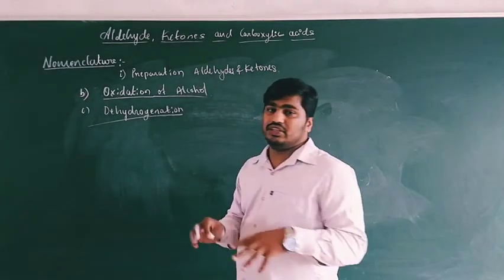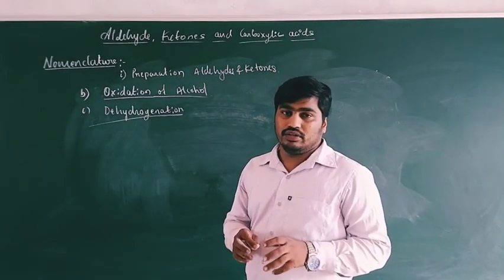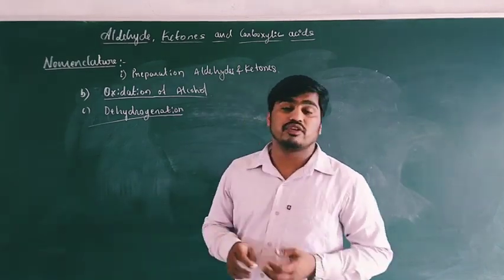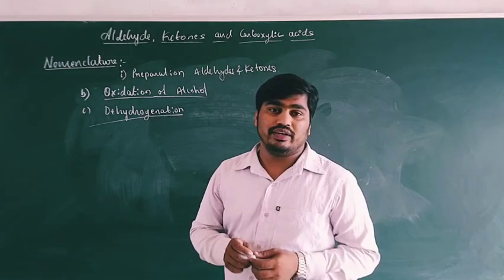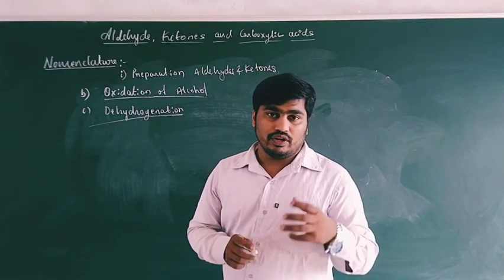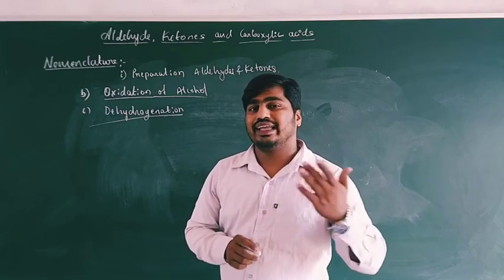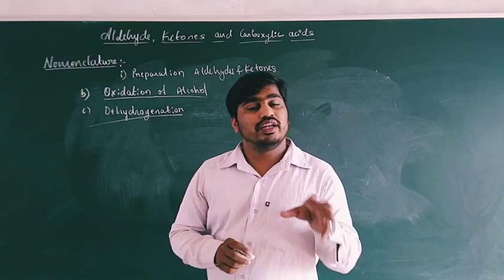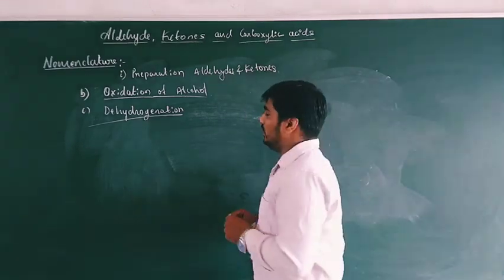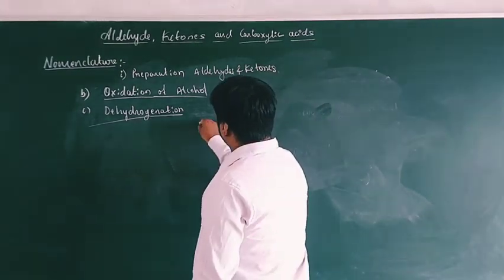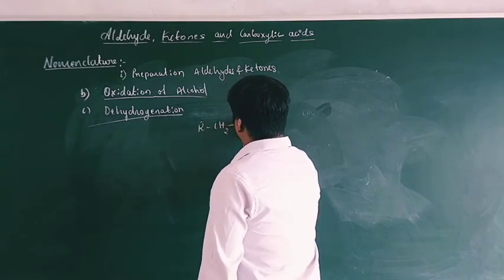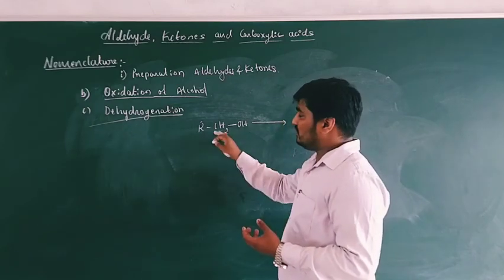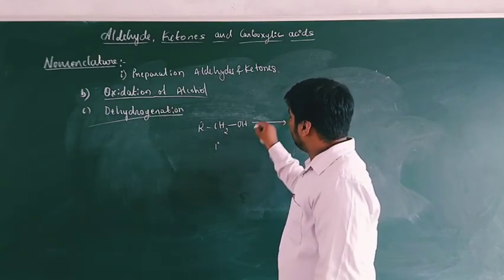The dehydrogenation takes place only in the presence of a metal like copper and silver. When copper or silver catalyst is used for the oxidation of alcohol, then again it gives aldehydes. Again a similar kind of reaction, but only the reagent is different. The reactant is the same, primary alcohol.